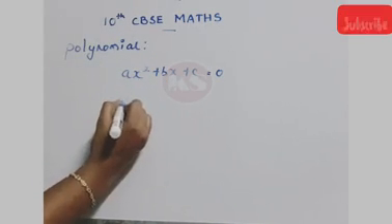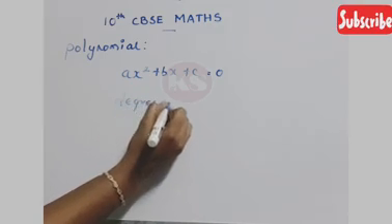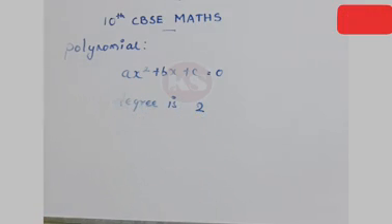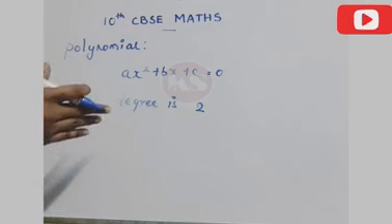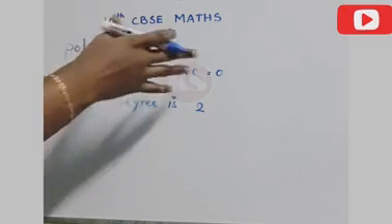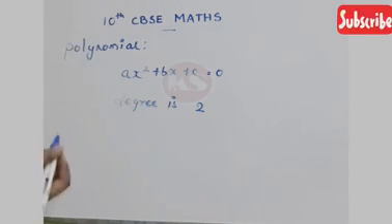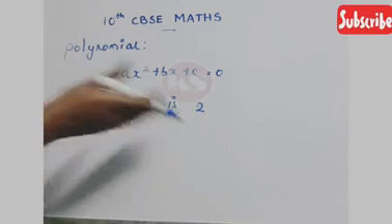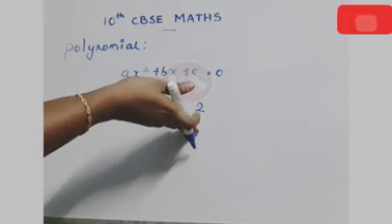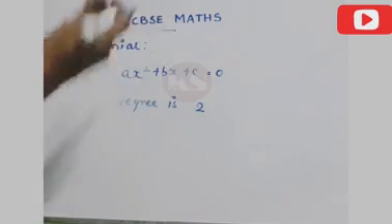Here the highest power of x is 2, so the degree is 2. This is the way to find the degree of the polynomial. The highest power of x is called the degree of the polynomial. When the degree is 2, that is called a quadratic polynomial.